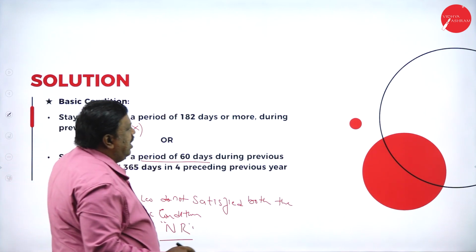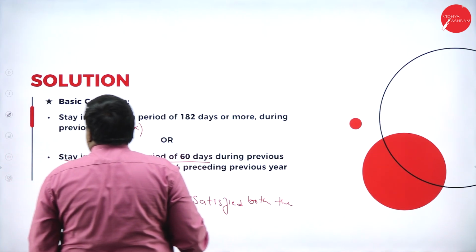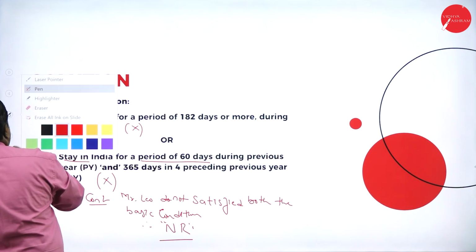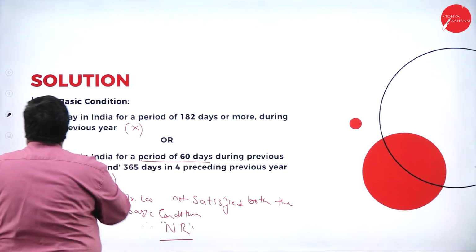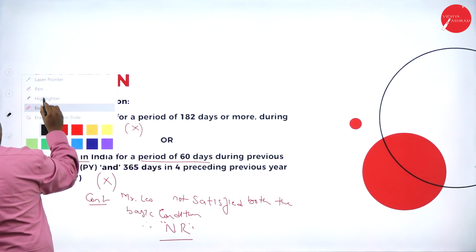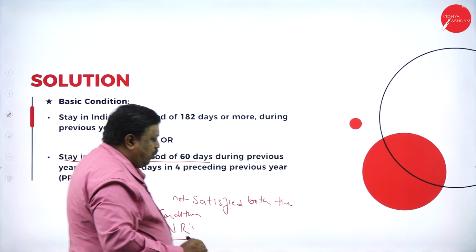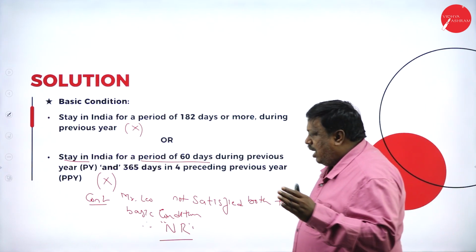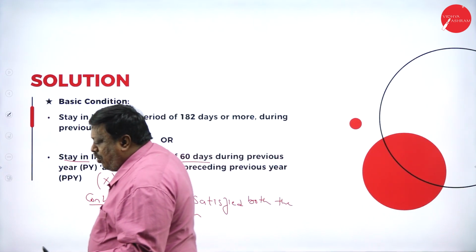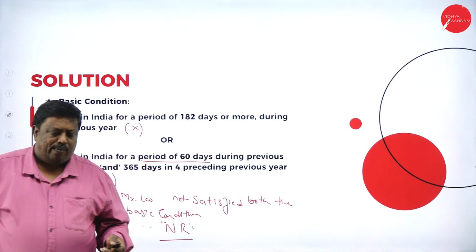So the status will be non-resident for previous year. So totally, I couldn't satisfy both the basic conditions, then automatically I'm going to become non-resident for 2023-24.